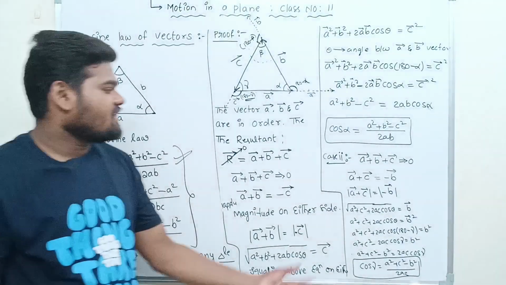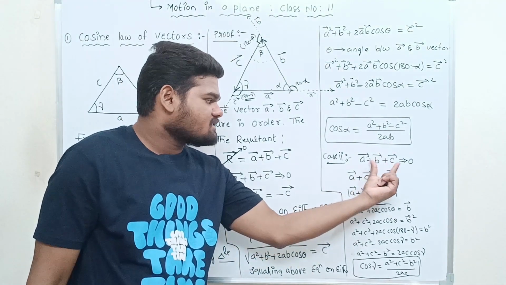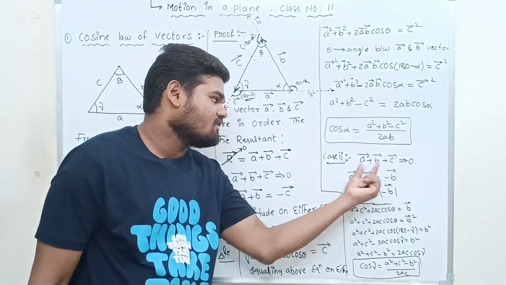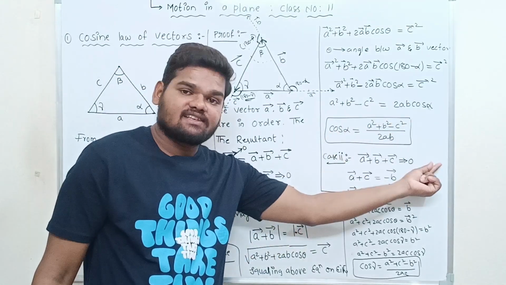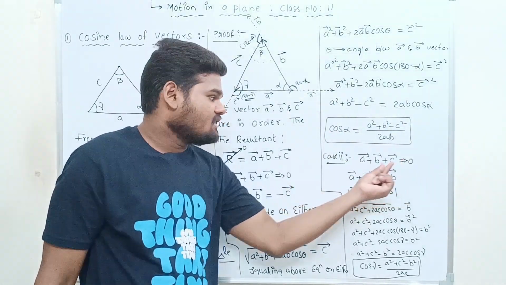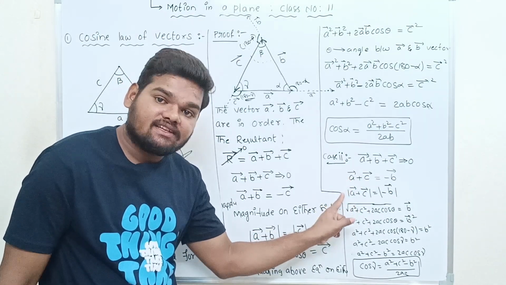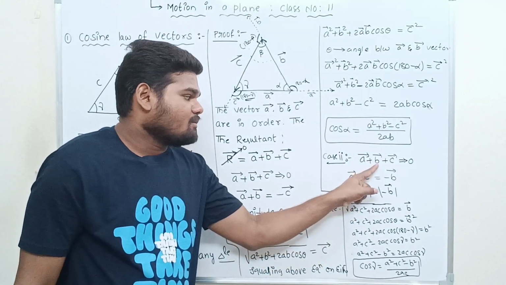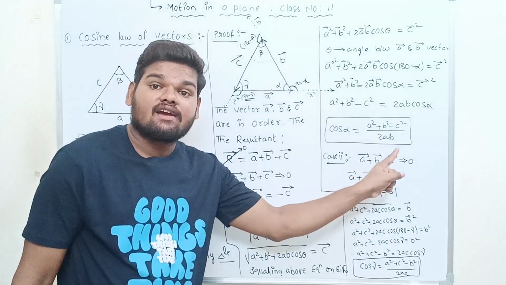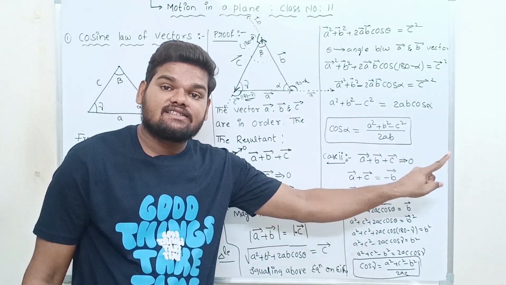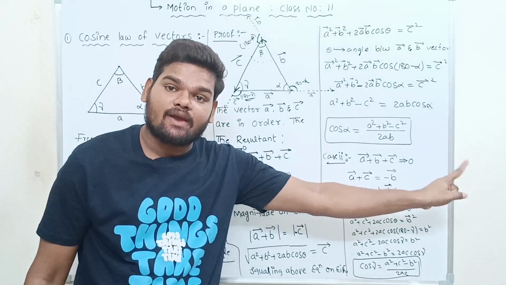Okay. So next, what we have to do? Just keep B bar plus C bar here itself and bring this A bar to that side. It becomes minus A bar. After that, you have to apply the magnitude. After applying the mod, it becomes under root of b square plus c square plus 2bc cos theta is equal to minus a magnitude.